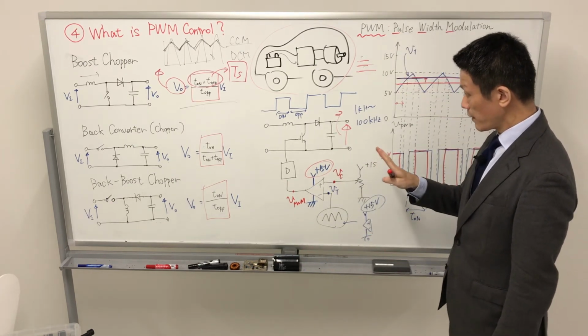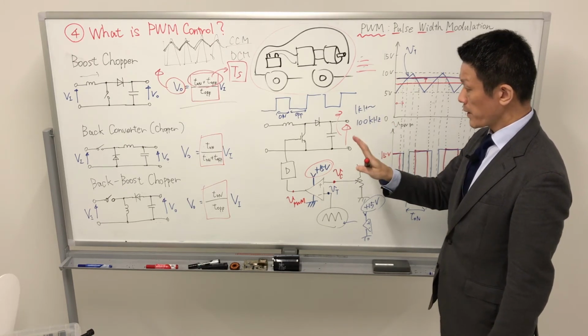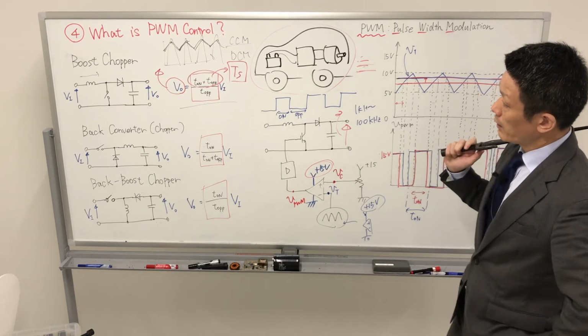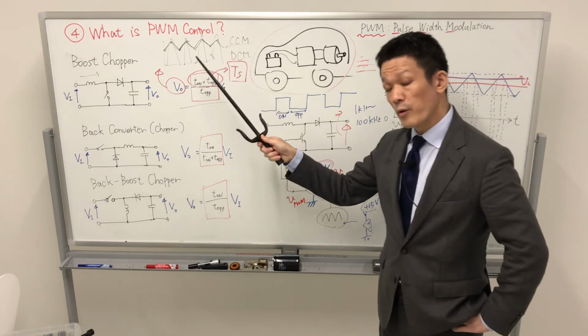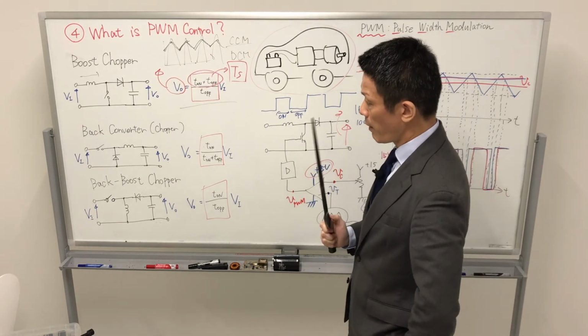That is open loop chopper control. So what is PWM control? This is the essence of the power electronic system.